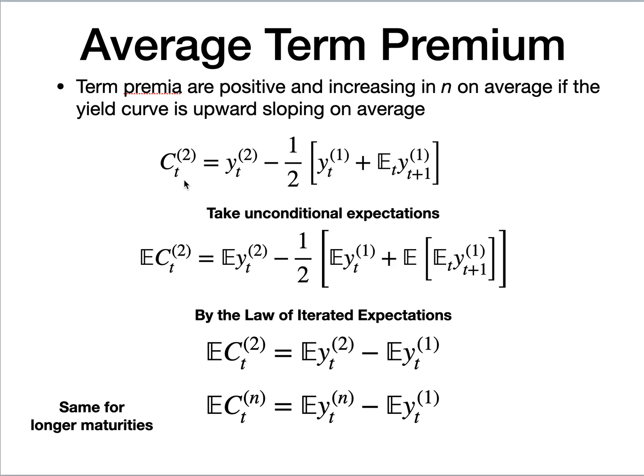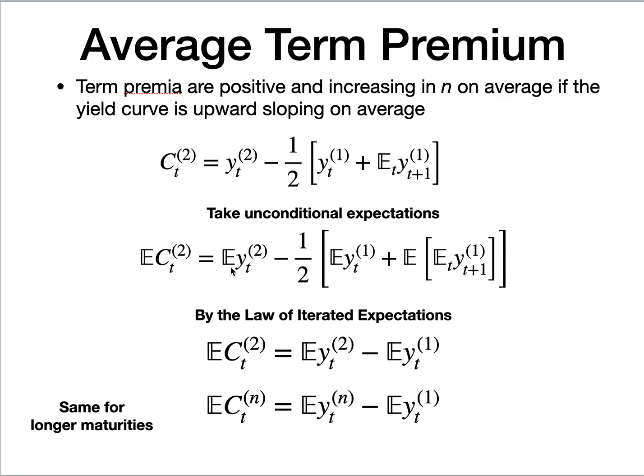If you look at data on yields over a long period of time, presumably what we're seeing is the unconditional expectation, or the expectation over a long period of time, of term premia. So notice that this expectation sign does not have a subscript t, meaning it's not a conditional expectation, it's an unconditional expectation.